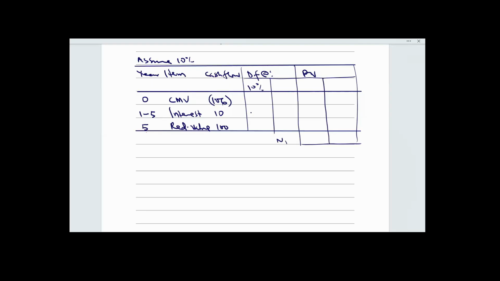Okay, this is the NPV we want to calculate. All right, so discount factor at 10% for year 0 is 1. 1 multiplied by 106 will give us 106.